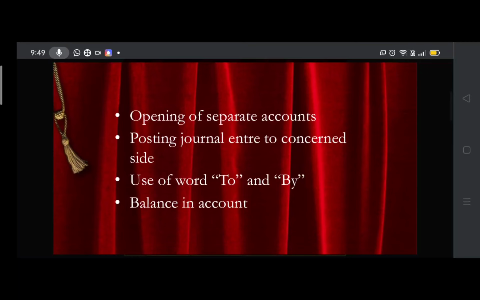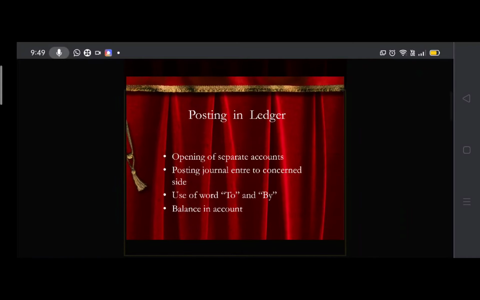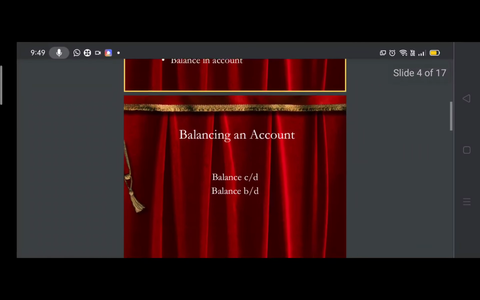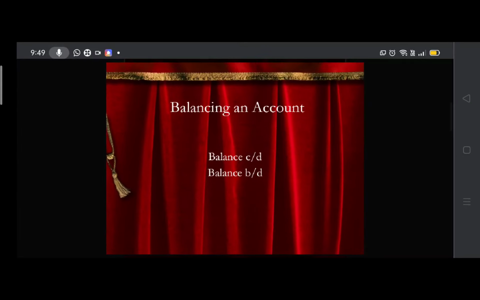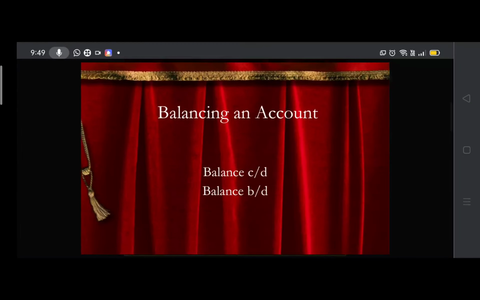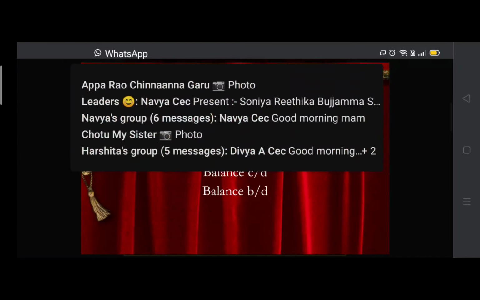Okay, now balancing an account. When debits and credits are written on both sides of the ledger, we come to know the net position of the account, and that is how the balance of the account is found. It will be clearer in my next slide.